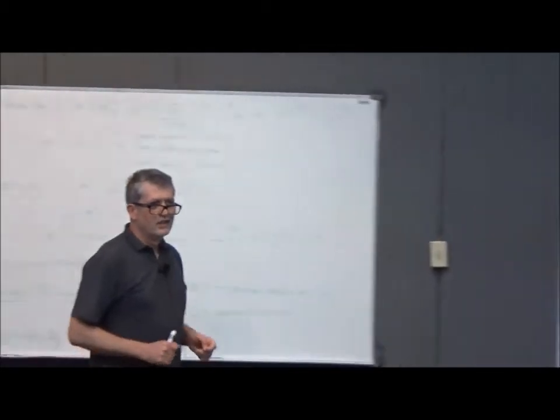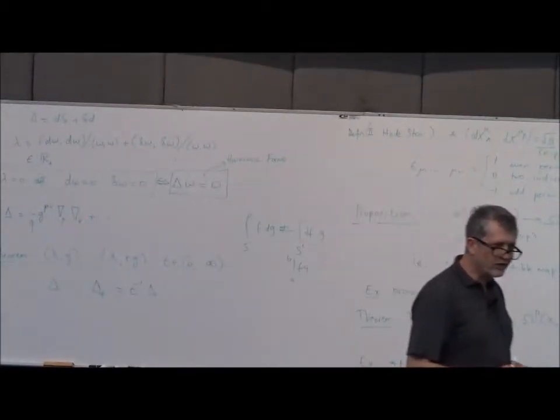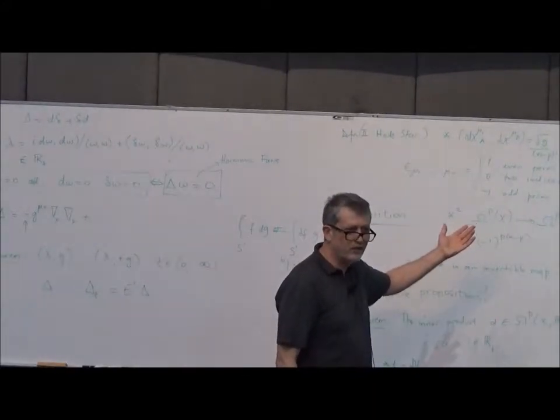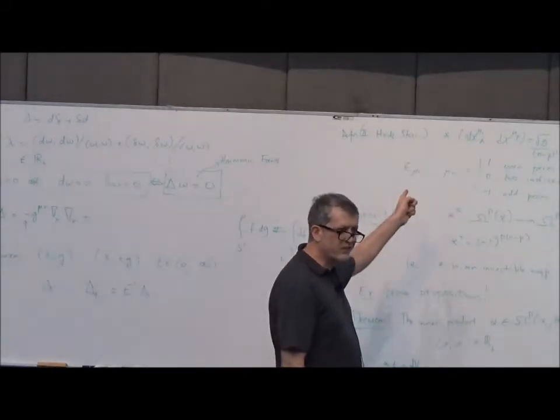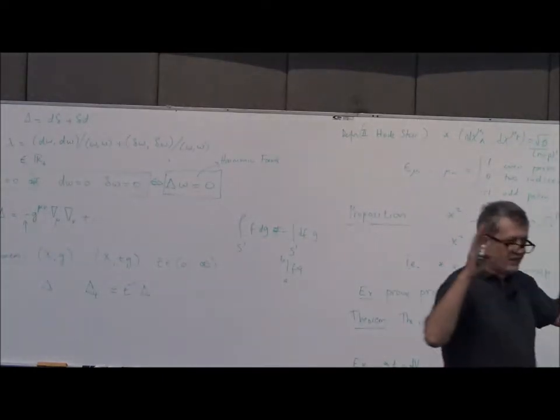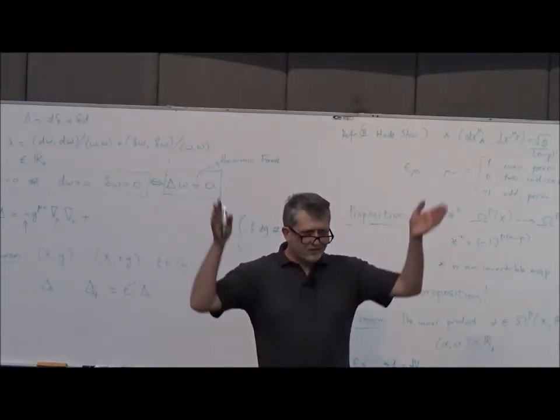So if your space is not orientable, there's a problem. If you change the orientation, you change the sign of the star operator. You have to be very careful. But the game we're playing is we fix the orientation, it's God-given, it's oriented, it's just there.